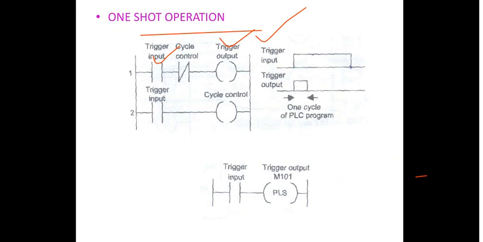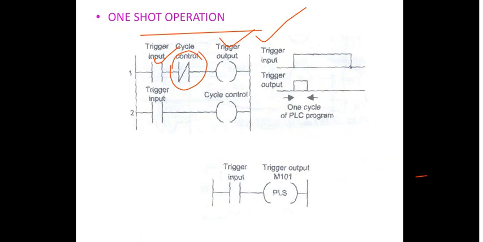Now the trigger output starts somewhere here. I will draw a bigger diagram. Once the trigger input is actuated, your trigger output starts, and it will remain on until you go to the next rung. When you come to the next rung, that is rung 2, the trigger input is always present, because it is the same trigger input that was there in the first rung.